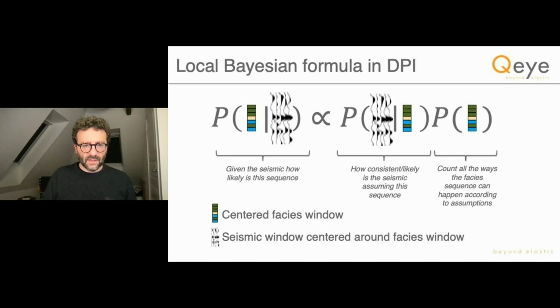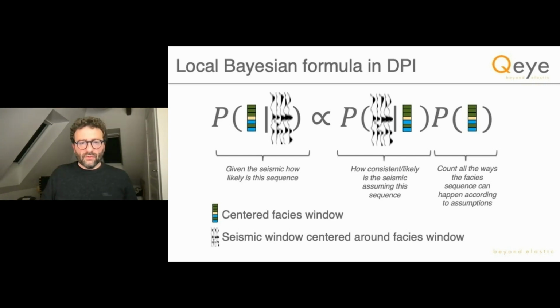In this case, it's a brine sand where the 3 overlying grid points are shale, and the 3 underlying are a sequence of limestone, shale, limestone. And we can basically see the inversion, so to speak, by the reversal of arguments here. We have a likelihood to the right, but what we want is the probability of a sequence given the observed seismic.